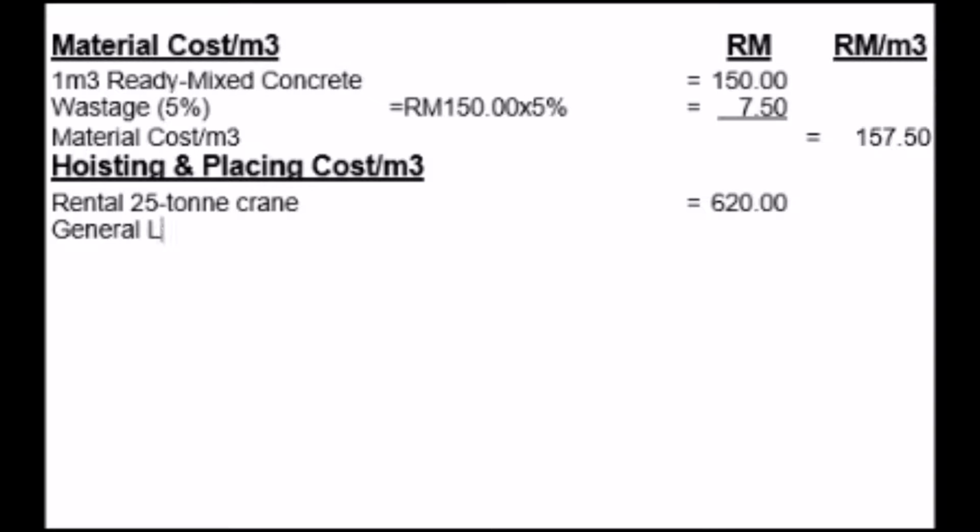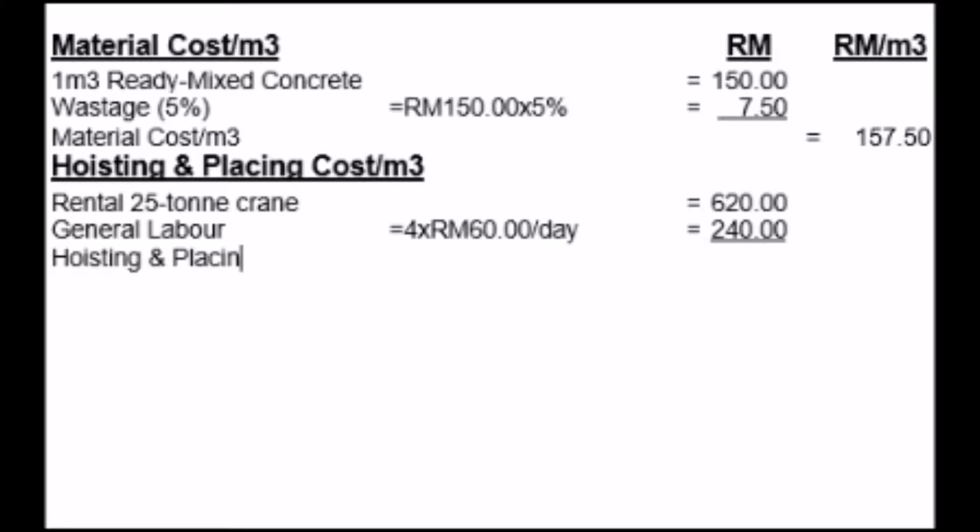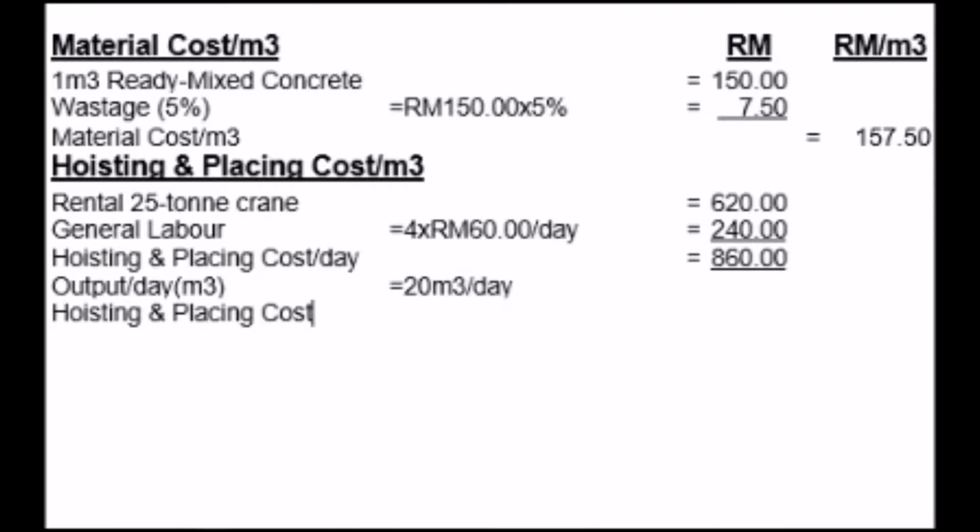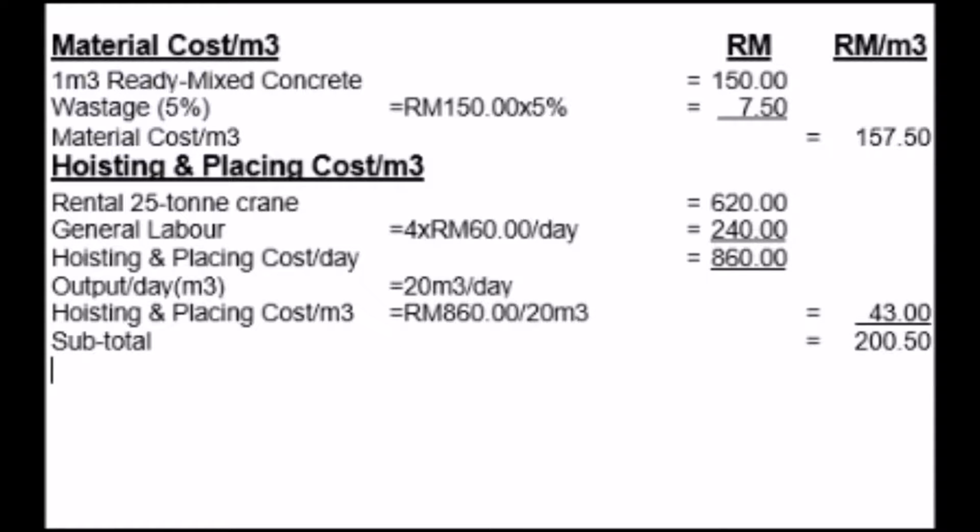Then for hoisting and placing costs, we require the rental of a 25 ton crane, 4 general labours, and there will be a total cost for hoisting and placing. Then the hoisting and placing is divided by the output per day.